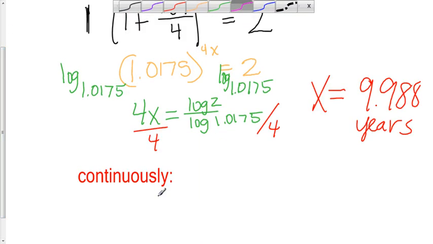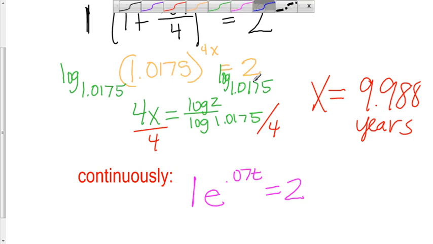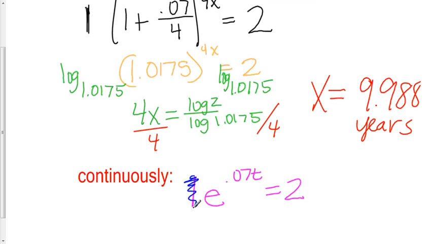Now then, they can also ask you to find one where it's compounded continuously. Same thing. Your initial value is 1, e to the 0.07 t equals 2. Get rid of the 1, and it's still that. And so now to get rid of e, you have to ln both sides. So then 0.07 t equals ln of 2.